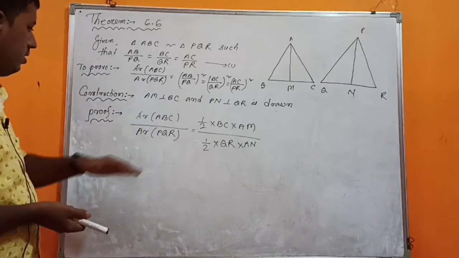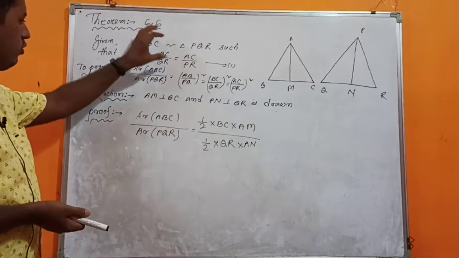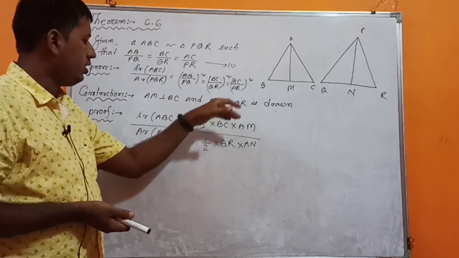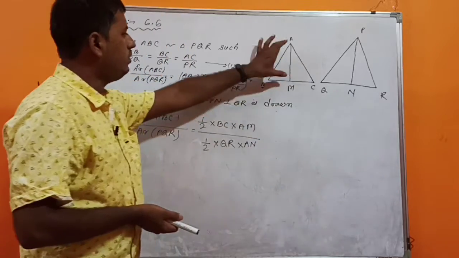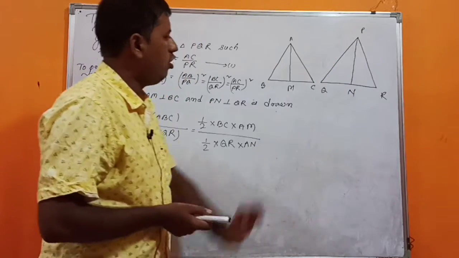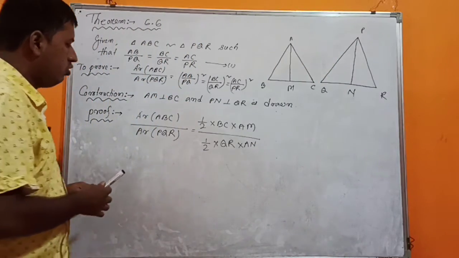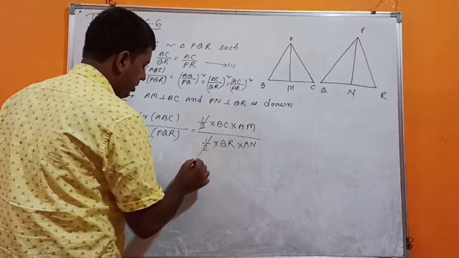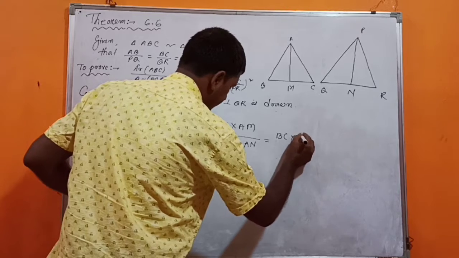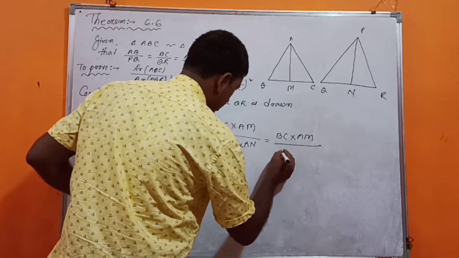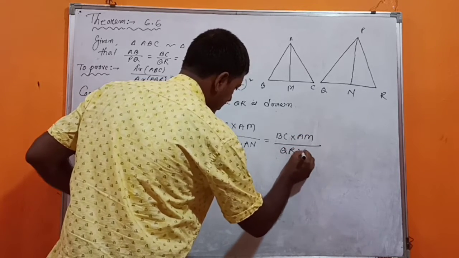This is the ratio I have taken because we are going to prove the ratio of the corresponding sides, so I have taken area of this triangle divided by area of that triangle. Half and half will be cancelled, and this will be BC into AM divided by QR into PN.